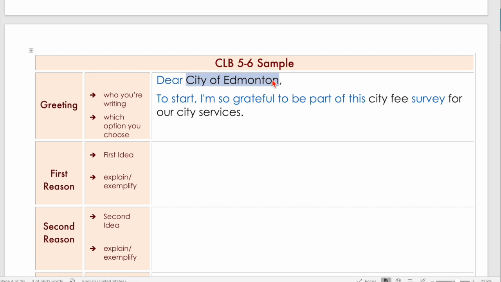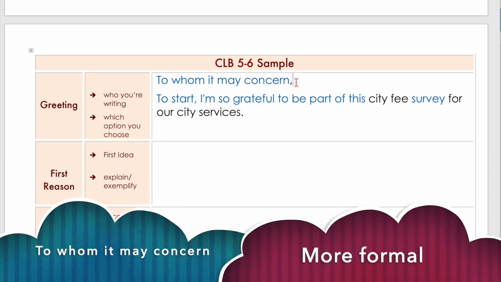Whatever city it is. Okay? So that's good. Also, everyone, this one is formal, so we can say to whom it may concern. That's okay to say as well, because we're not sure exactly who we are writing. So we can say to whom it may concern also.